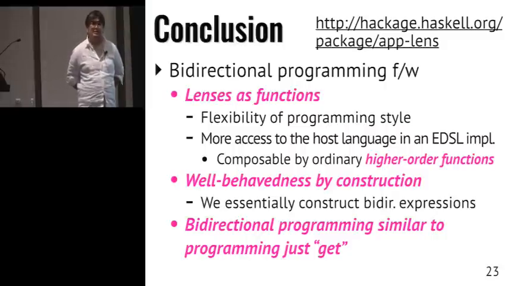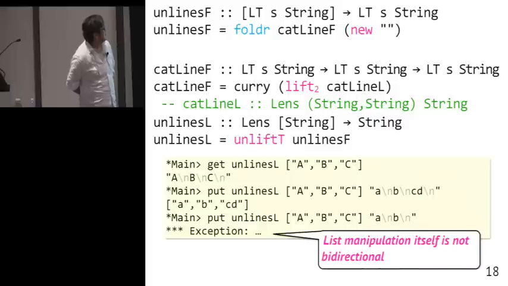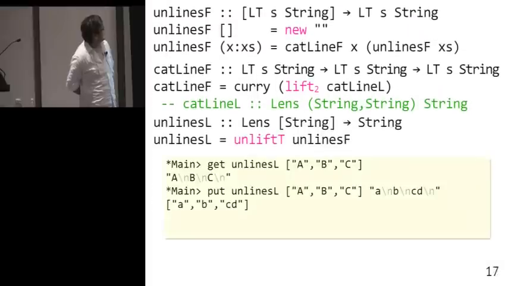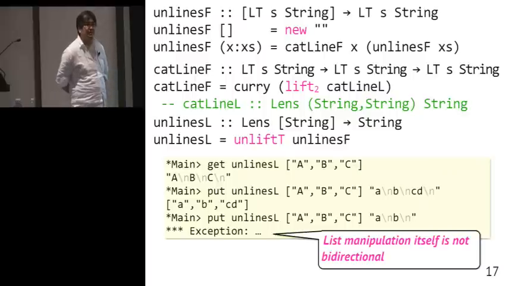Can you go back to the slide with the problem about changing the length of the list? You had the type of unlines. Yeah, it's a list of LT strings. That's fine, and because it's only LT that's bidirectional, not the list, you can't change the shape of the list.